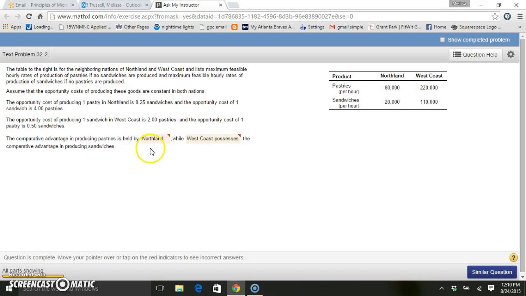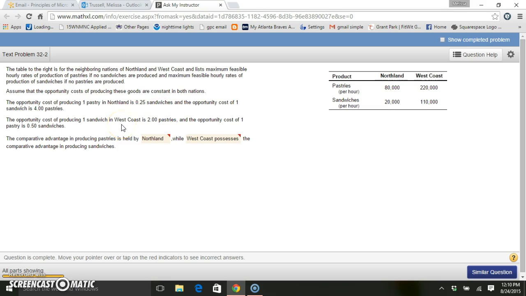So in this case, the Northland has the advantage in producing pastries. Why? How do I know? Because the opportunity cost of producing one pastry in the Northland, the top one here, is 0.25 sandwiches. So the Northland gives up a fourth of a sandwich every time they make a pastry.